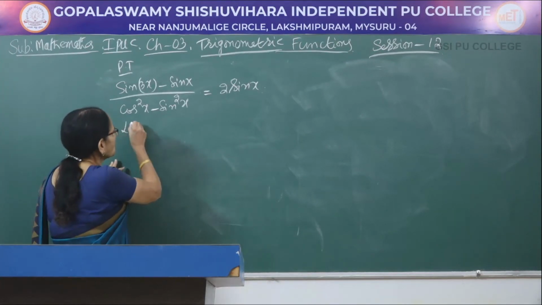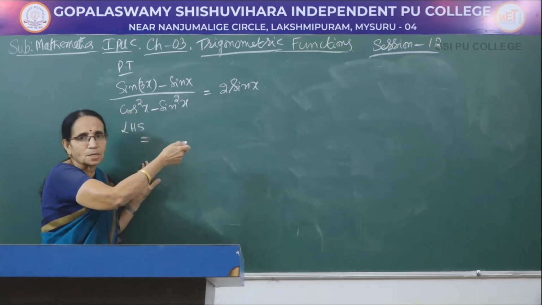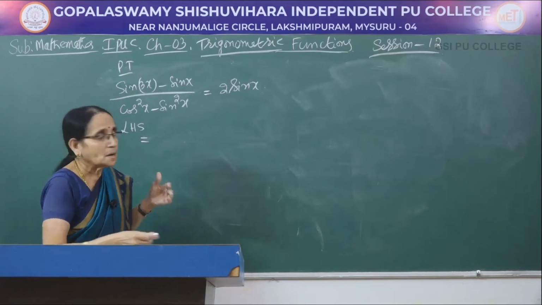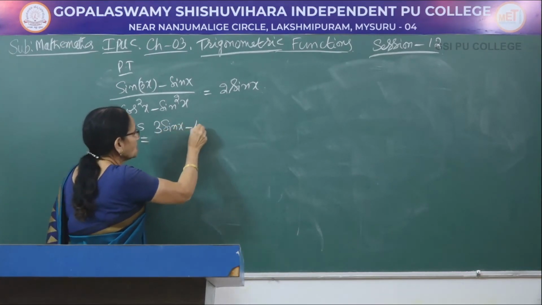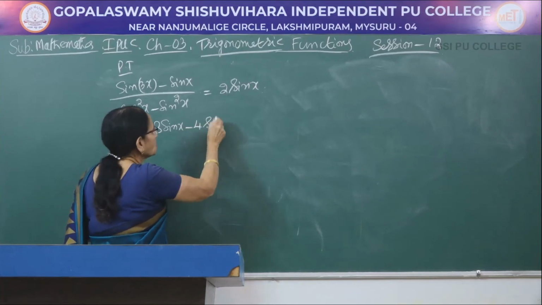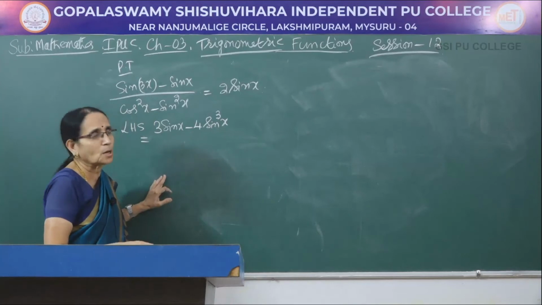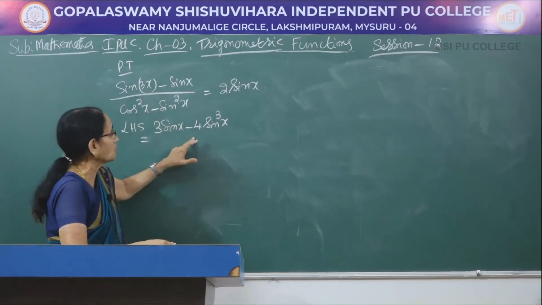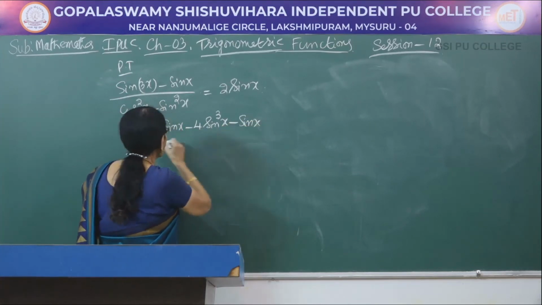So, let me start with the left hand side. For sin of 3x, we can use the formula which I derived just now and write the value. What is that equal to? 3 sin x minus 4 times sin cube x. That is why I taught all the formulae together. 3 sin x minus 4 sin cube x for this one, and for the other sin x, write it as it is.